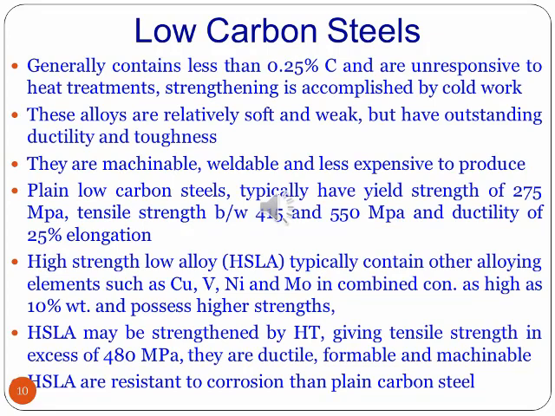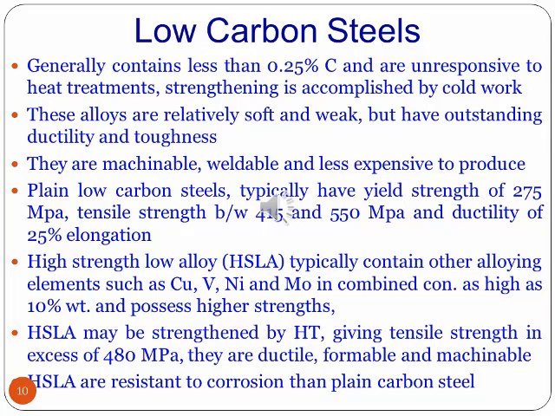So low carbon steel generally contains less than 0.25% of carbon and are very unresponsive to heat treatments, strengthening process, and strengthening is accomplished by cold work process itself. These alloys are relatively soft and weak but have outstanding ductility and toughness.